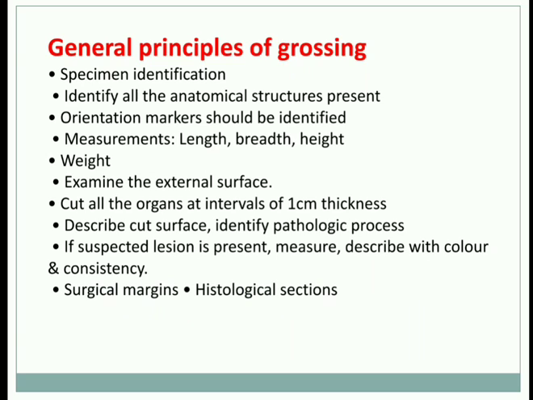After that, examine the external surface. After the examination of the external surface, cut all the organs at intervals of 1 cm thickness each. Then describe the cut surface and identify the pathologic process. If a suspected lesion is present, measure it and describe it with color and consistency.